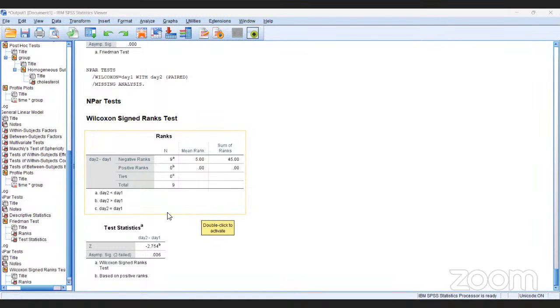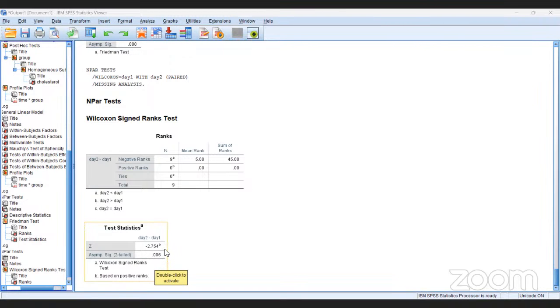So this is the Wilcoxon sign rank test. And you have noted that it is 0.006.